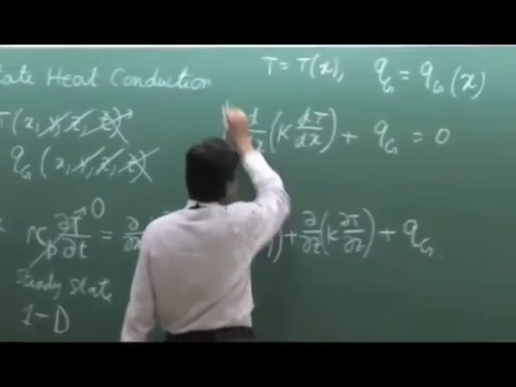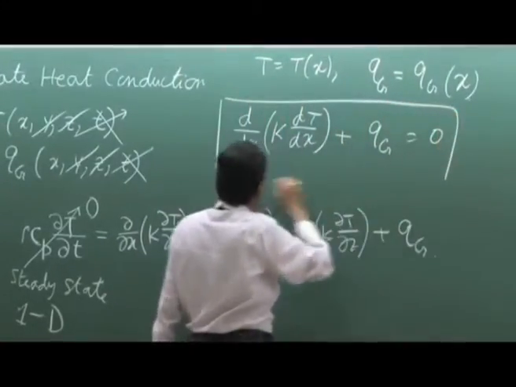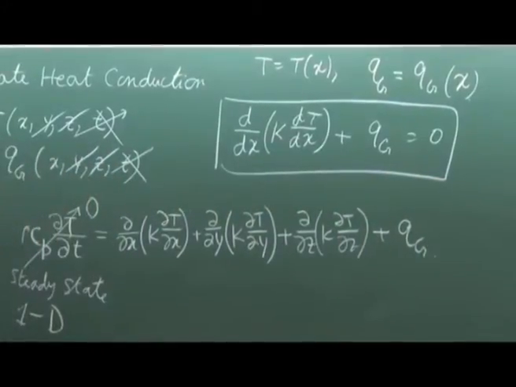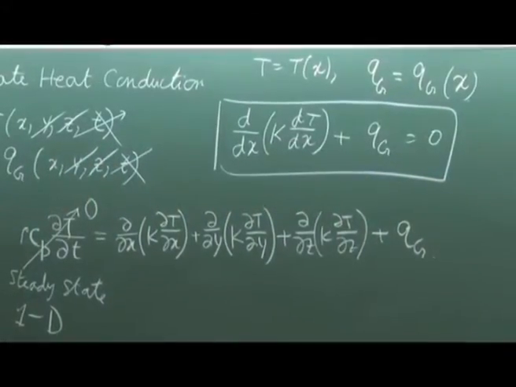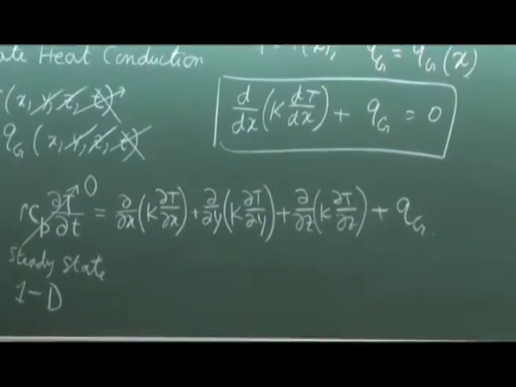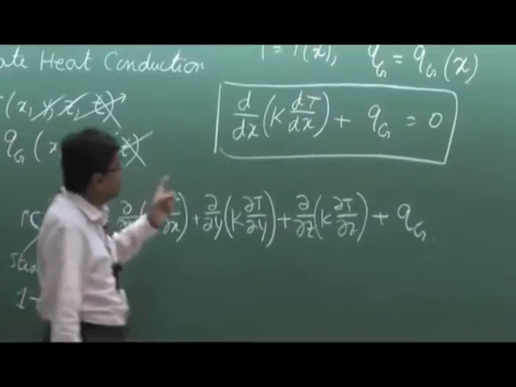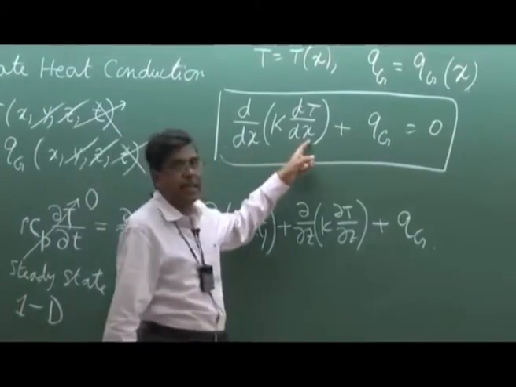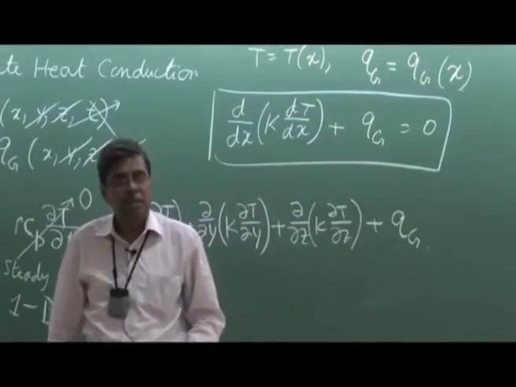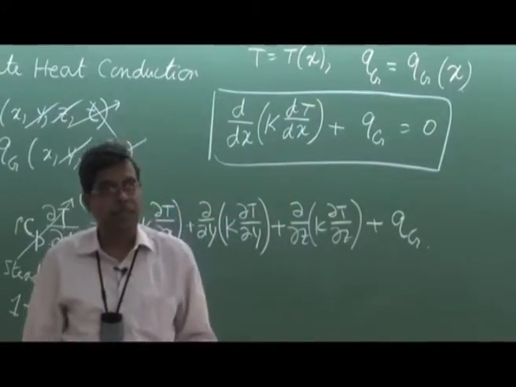And this is the equation for steady one-dimensional heat conduction. And therefore, if we have to find out the temperature distribution in the x direction, then we have to integrate this equation.